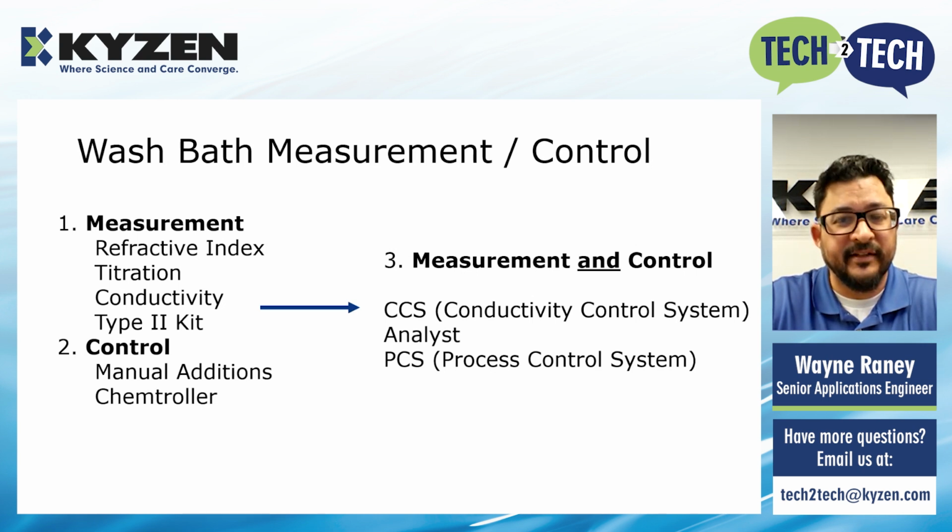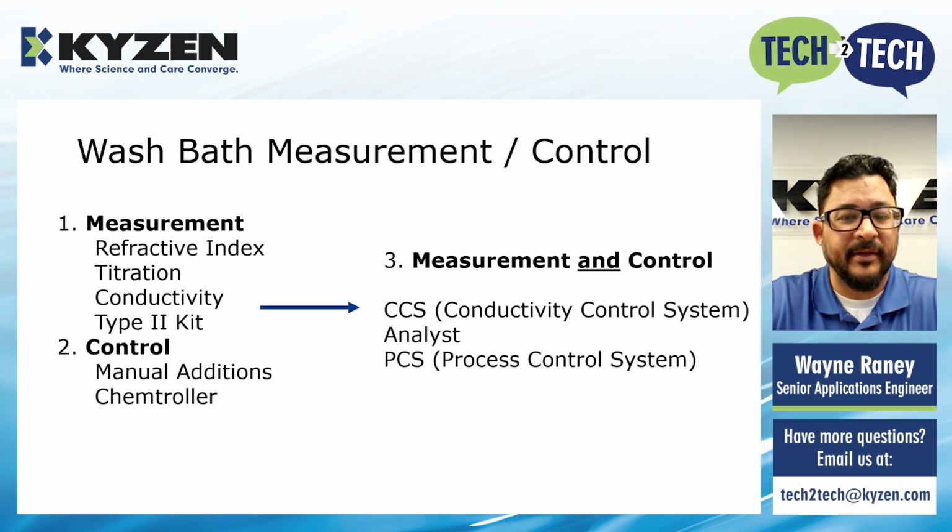As we progress down this list, the methods of control and measurement go from basic, labor-intensive, and operator-dependent devices or methods, to more complex, automatic, and operator-independent devices that KYZEN offers. These are most of the ways to maintain proper concentration in either the electronics parts washer or the industrial parts washer.